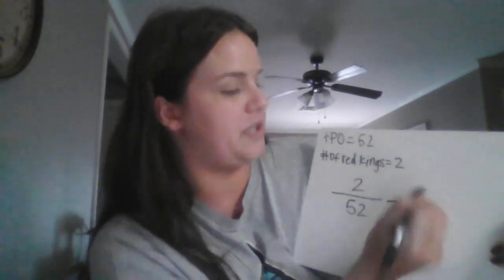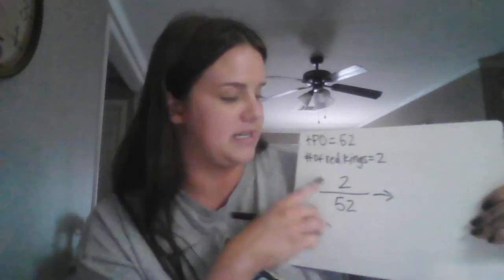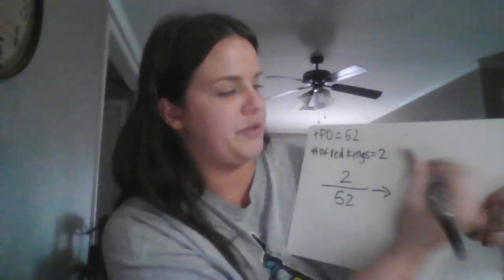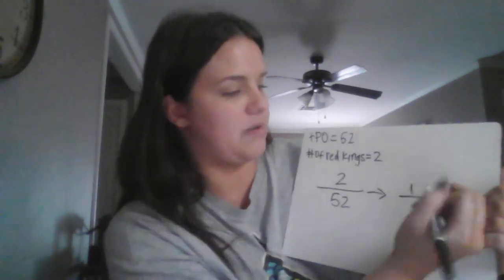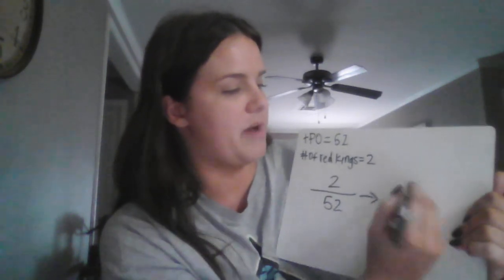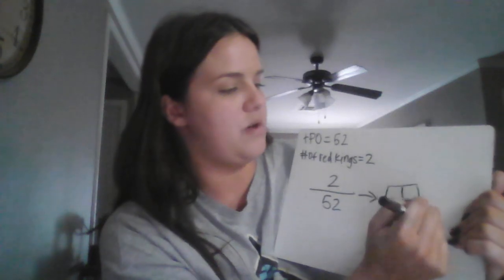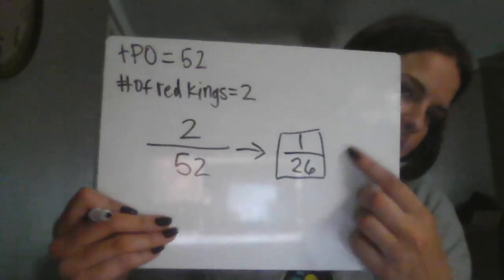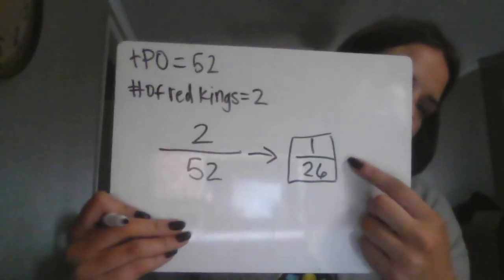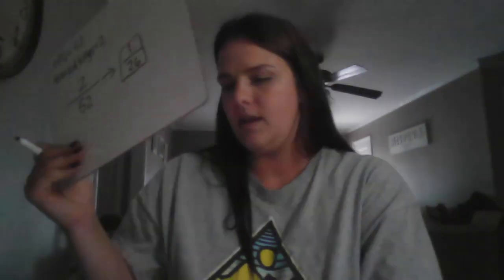Then we're simply going to simplify that and divide both by 2. 2 divided by 2 gives us 1 on top, and 52 divided by 2 gives us 26 on the bottom. So the probability of pulling a red king from a standard deck of 52 cards would be 1 over 26. I'm just going to flip this over and do number 2.